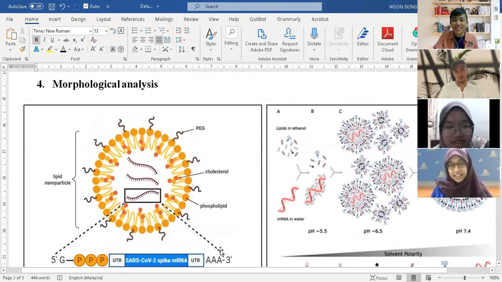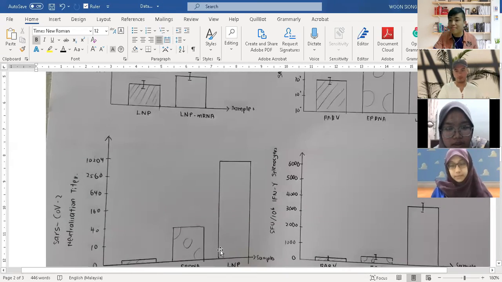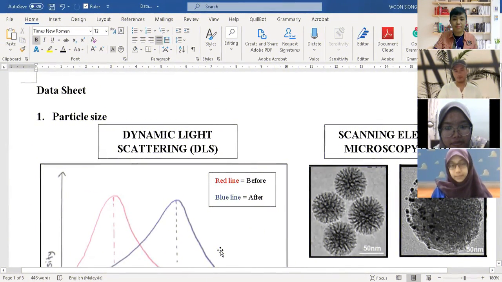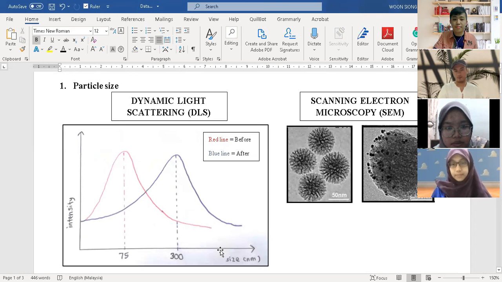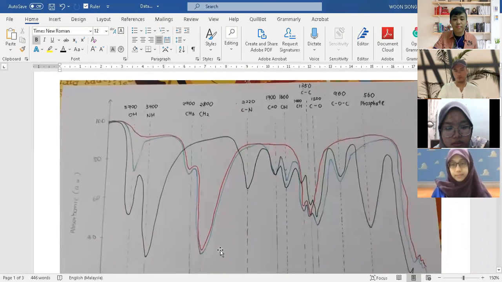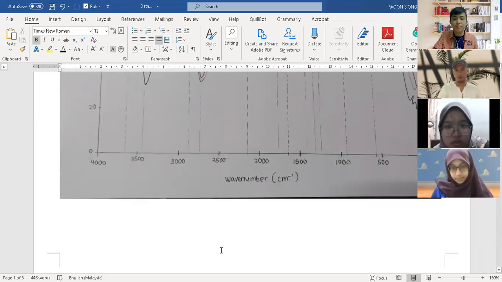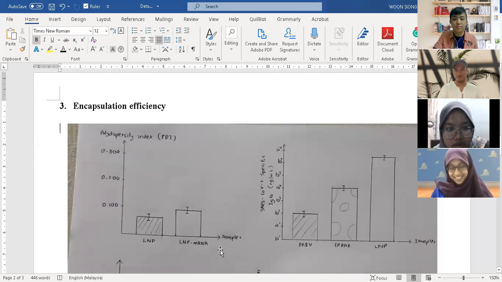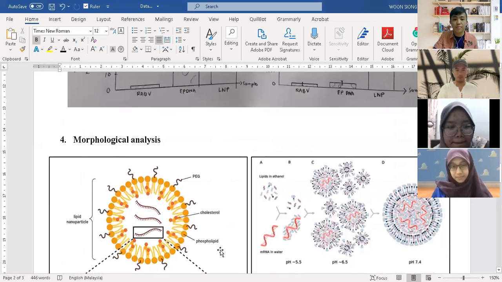All right. So would anyone like to conclude the overall discussion? Maybe Atikah or Jannah can conclude it. In conclusion, we have already discussed the characterization of the genetic cells, which includes particle size, Fourier transform infrared spectroscopy, and encapsulation efficiency, and lastly we discussed morphological analysis.